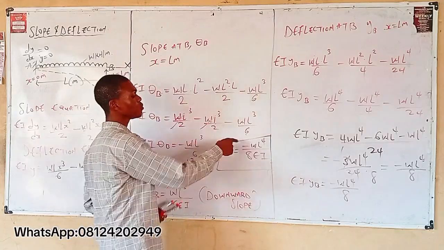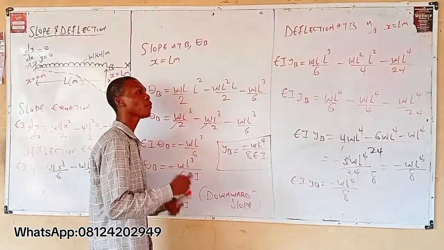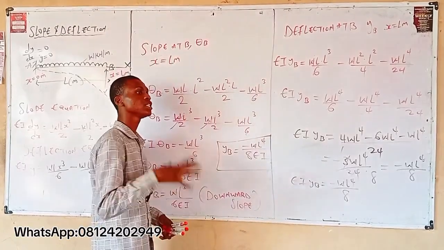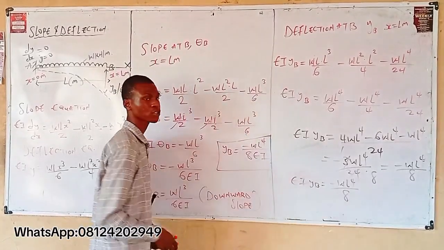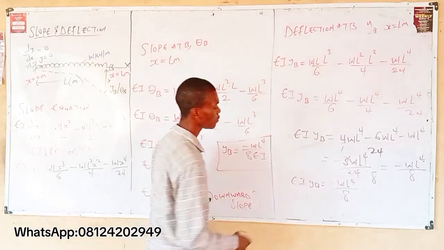But what this negative means is the type of deflection it is. The nature is what? A downward deflection. Right? A downward deflection.